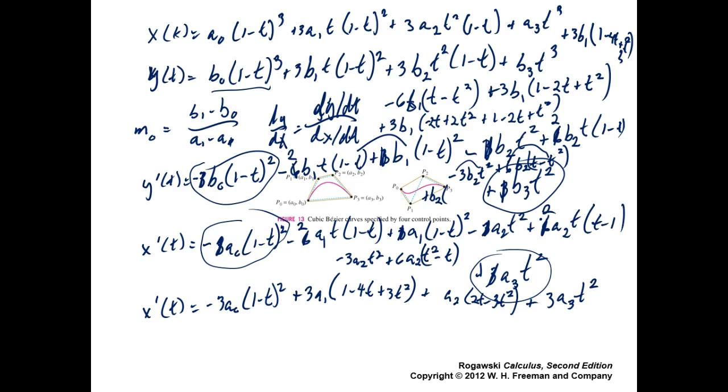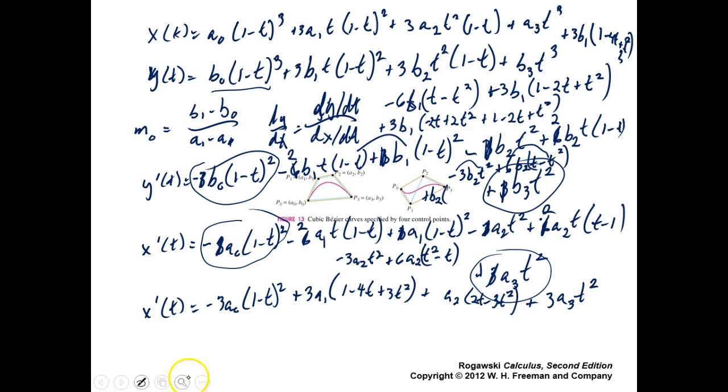Then the second one was plus 6a2t times 1 minus t. Now, there's one place I made a mistake, and that might be it. I put t minus 1, it's supposed to be 1 minus t, isn't it?